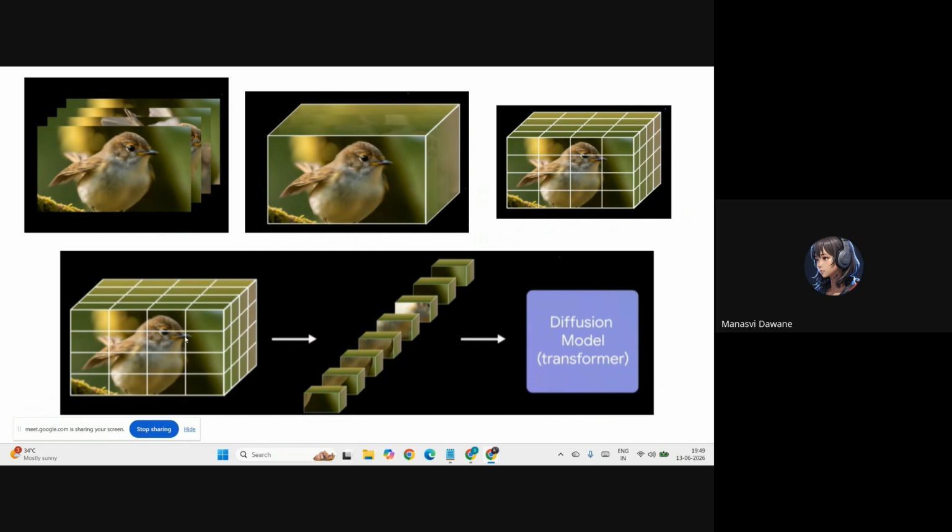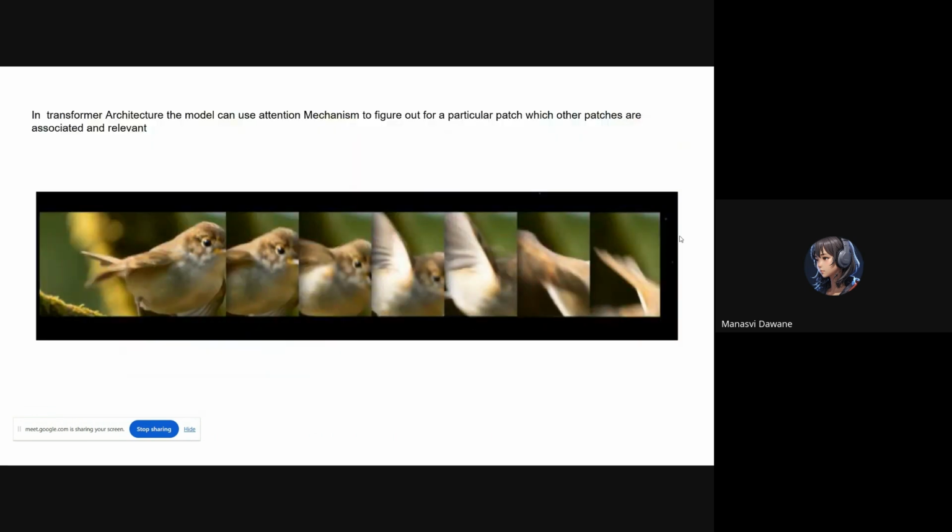Now these patches are given to a diffusion model, which is a transformer vision model. When we train the model, we pass it batches of noisy space-time patches.